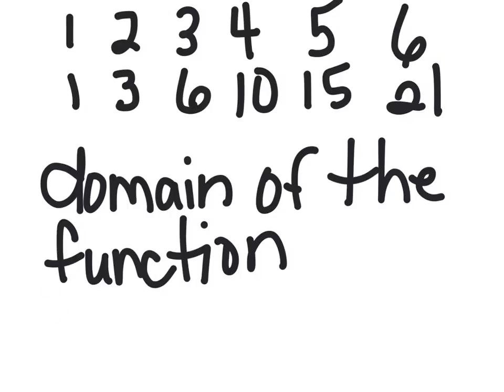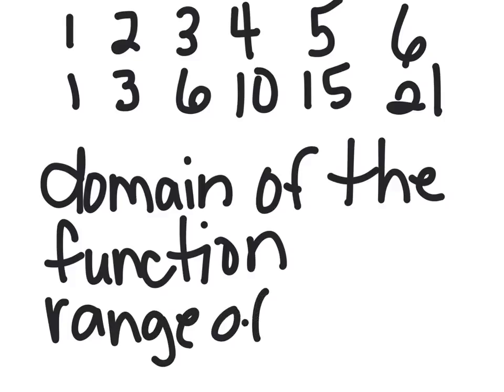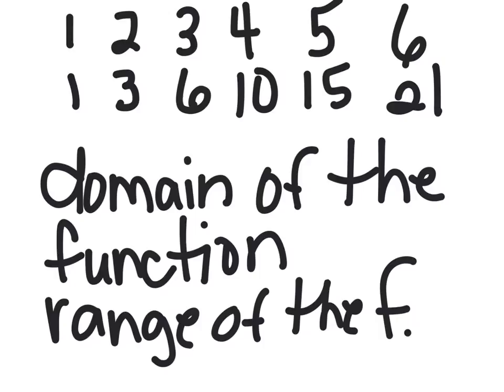So we have these numbers here on top, which are the domain. That's the input. And the ones on the second row, the 1, 3, 6, 10, 15, that was the range of the function.